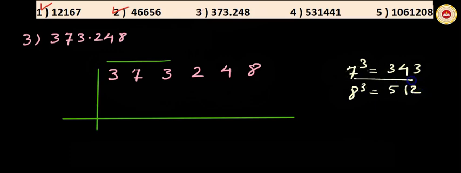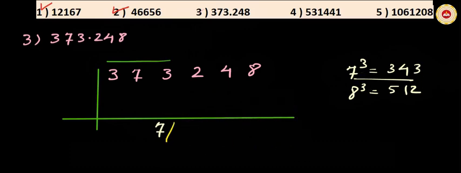So we will have to consider this. 7 cubed is 343. This 343 is nearest to 373 but less than this. So let us write 7 here as first left digit of a cube root.